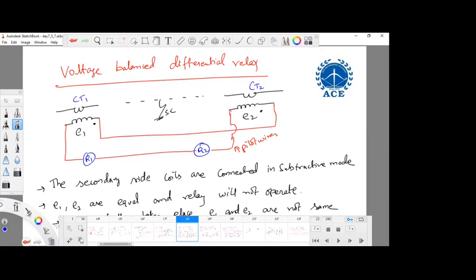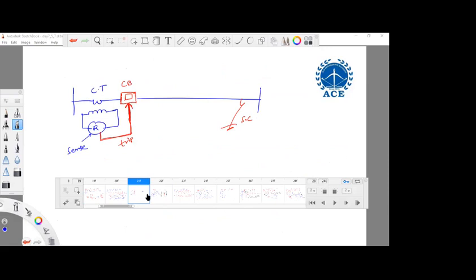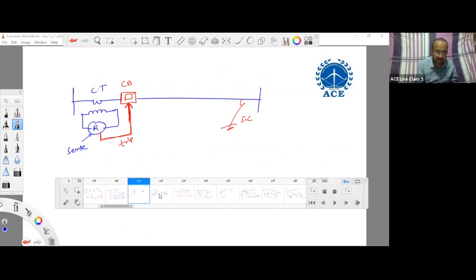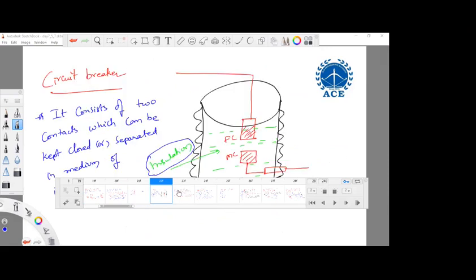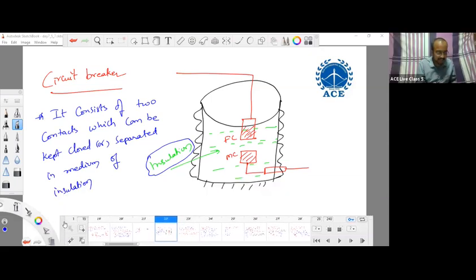Sir, coming to circuit breakers, what is the difference between dielectric medium and insulation medium? Insulation medium will have dielectric strength. Insulation is a medium, dielectric strength is a parameter, that is how much voltage it can withstand.